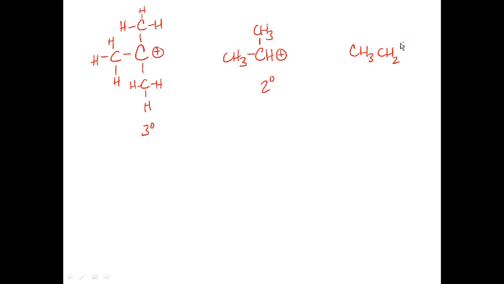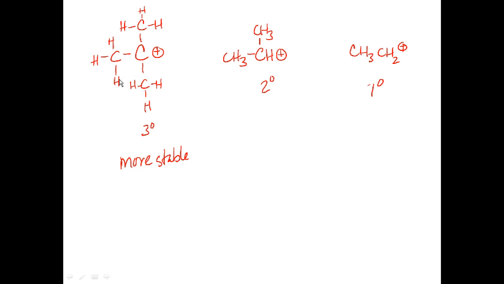Or how about a primary radical? Or a primary carbocation? So which of these three carbocations is the most stable? Well, if the analogy to the radicals holds, then the tertiary carbocation must be the one that's the most stable.